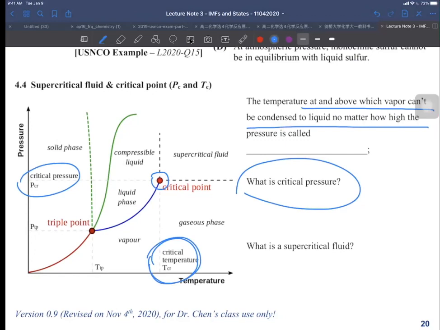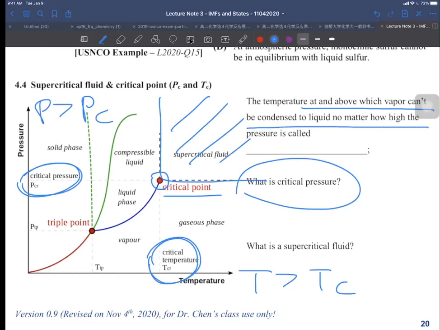Combining the critical temperature and the critical pressure, we get the critical point. So in this range, when T is higher than the critical temperature and P is higher than the critical pressure, this area is not gas anymore, it's not liquid anymore. It's a new phase, called supercritical fluid.